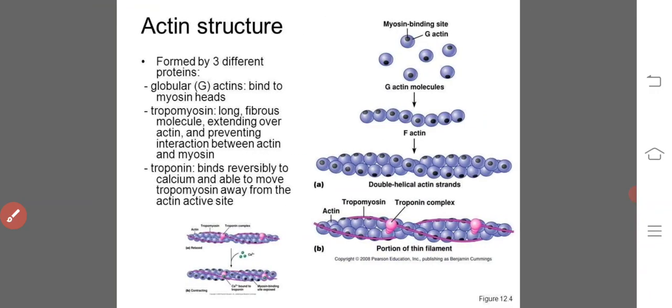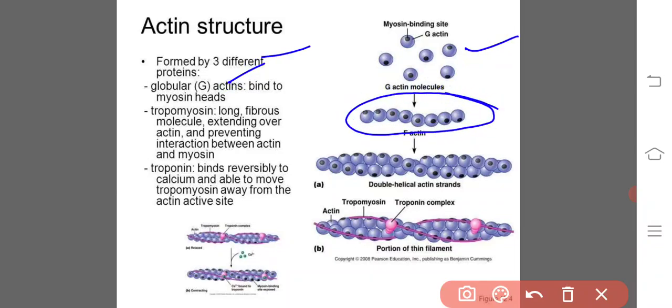Then here you can see actin formed by three different proteins. That is globular actin, which may form into, see here, the individual actin, a filamentous actin or F actin. These black spots are the myosin binding sites upon the actin.